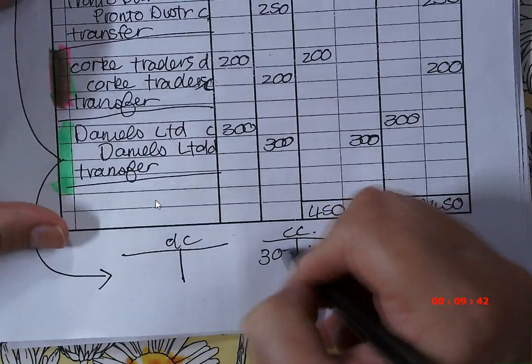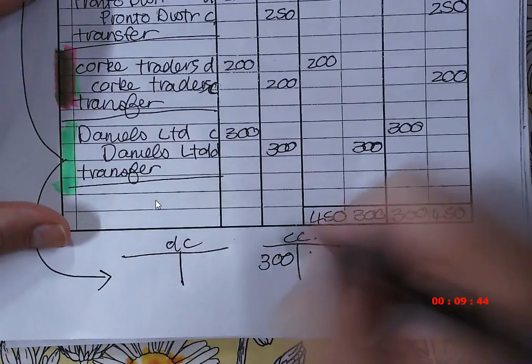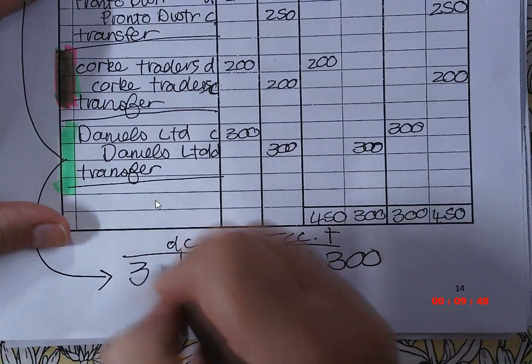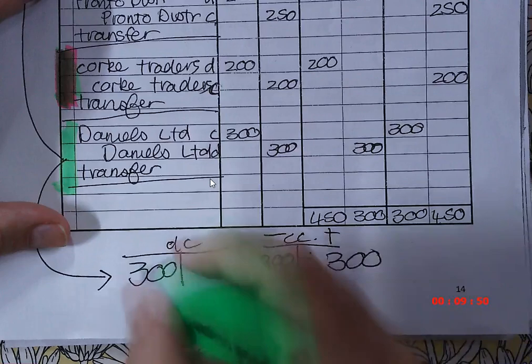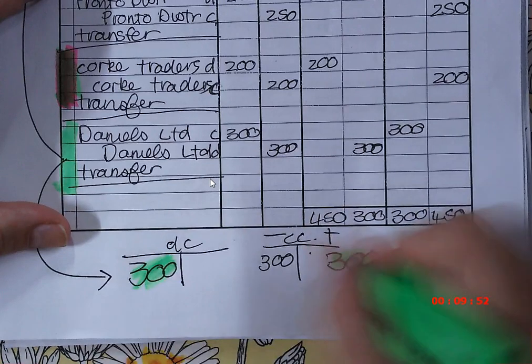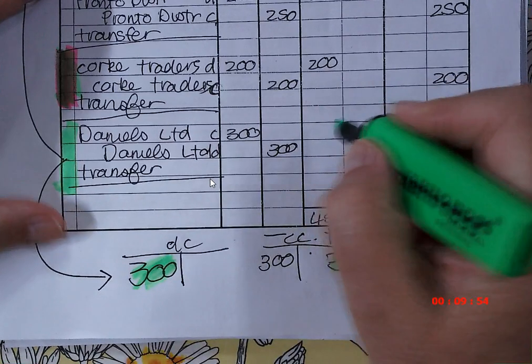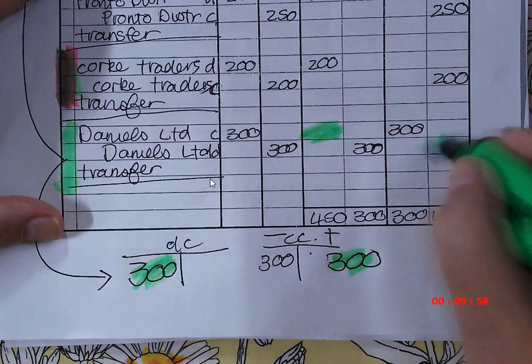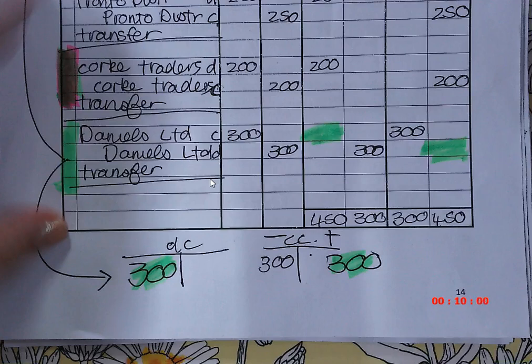So there's a debit balance of 300, right? So now it means I'm going to credit and debit. So my debtors control will then be debit and my creditors control will be credit. That's how yours would be.